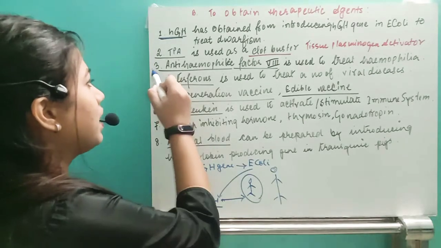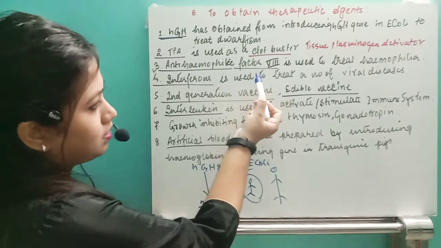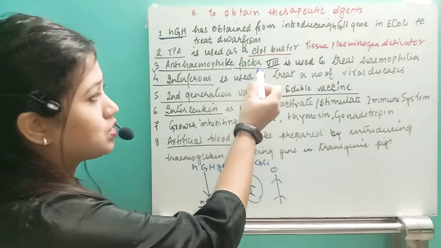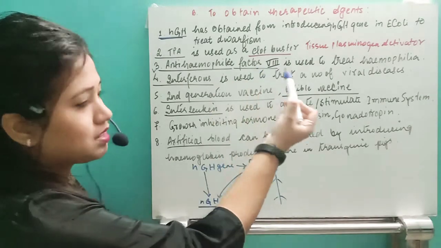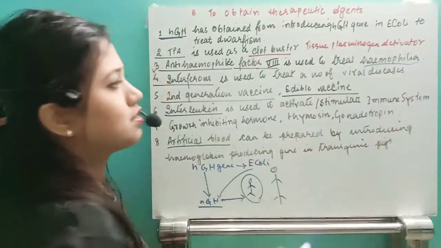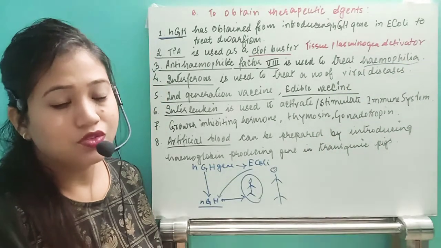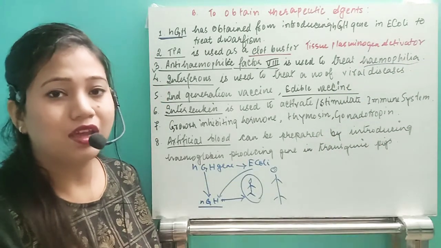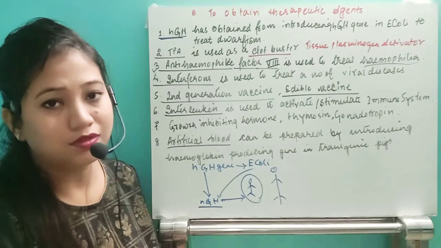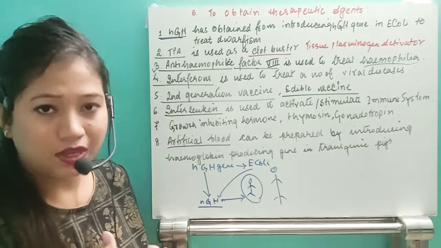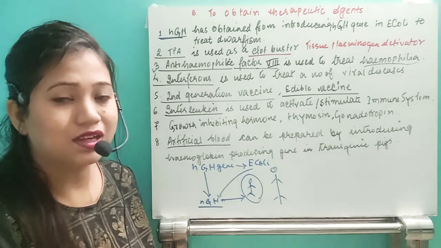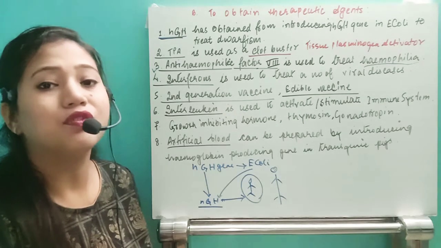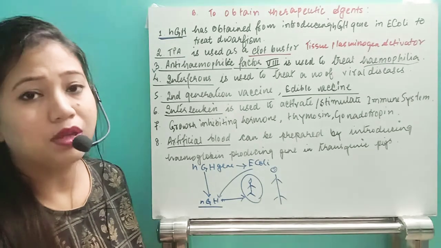So this antihemophilic factor is synthesized artificially and used to treat a disease called hemophilia. Hemophilia is a disease where the individual cannot stop blood flow. If the blood vessels are cut, then blood will continuously release from the body.